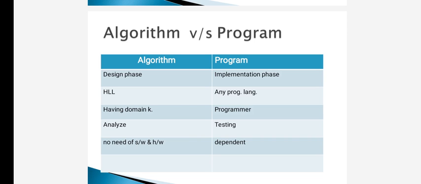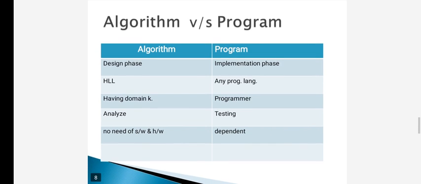In the third point, we can say a person having domain knowledge can write an algorithm, and in case of a program, it can be written by a programmer. In the next point, algorithm is used for analyzing the problem, and after writing a program, the testing process is used to locate the errors in a program.